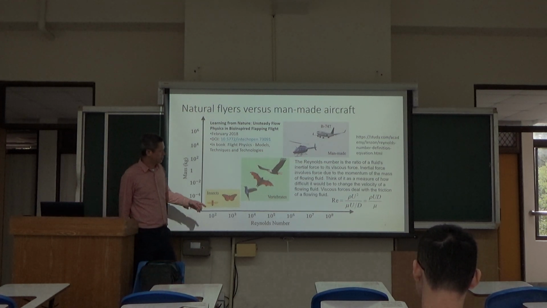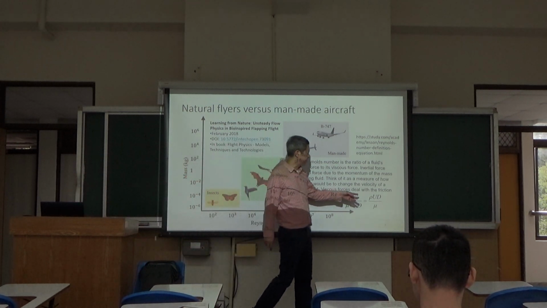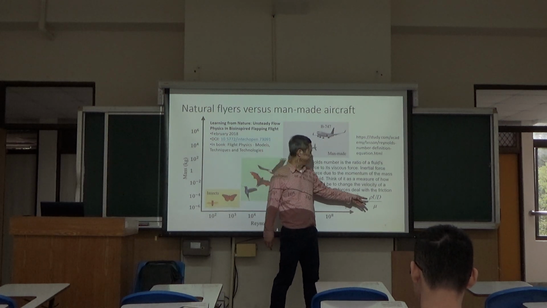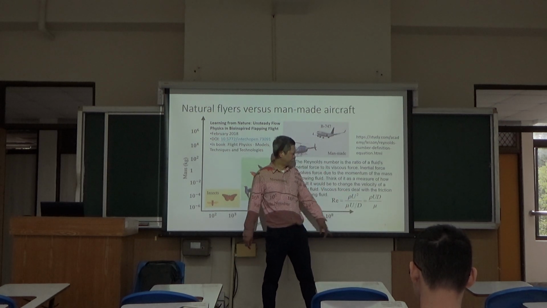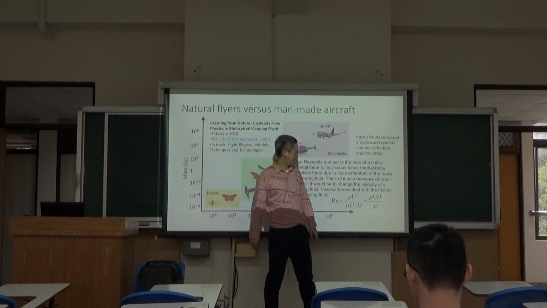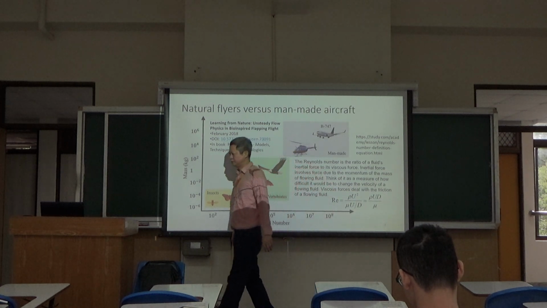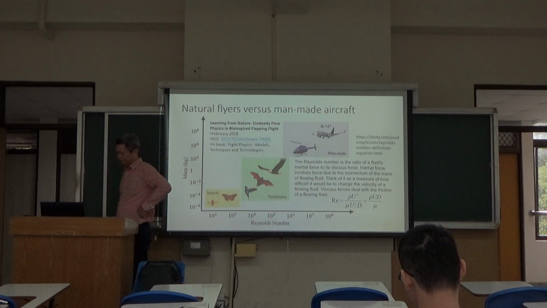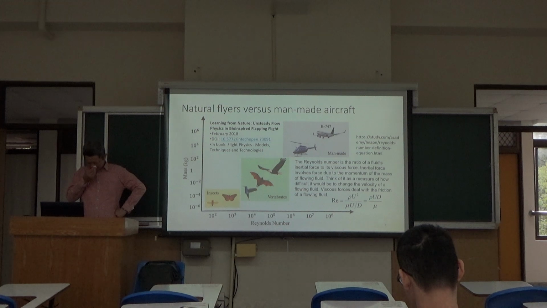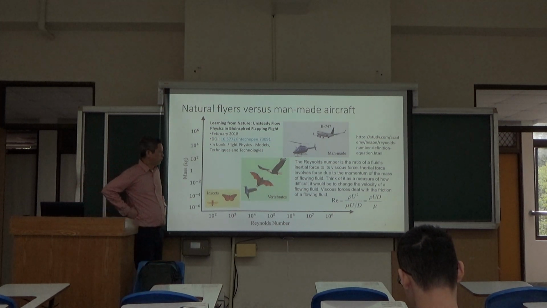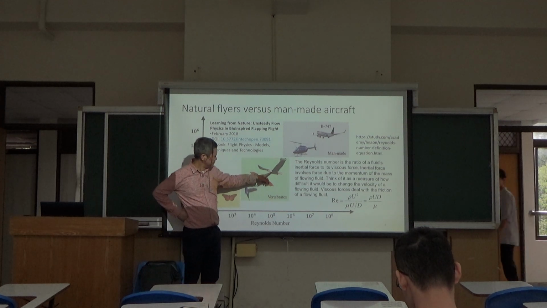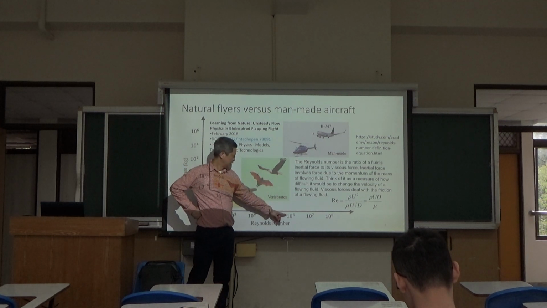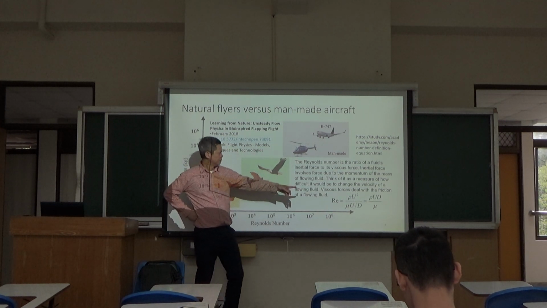Okay, so this leads you to the Reynolds number, which is the air density times the bulk velocity times the characteristic length, divided by the viscosity coefficient. So with this, we can see that for larger birds to fly, they have to overcome this.